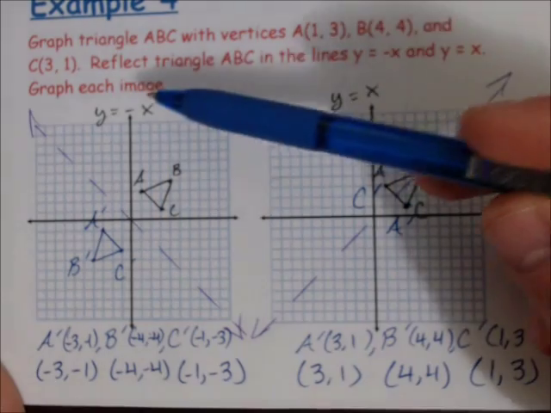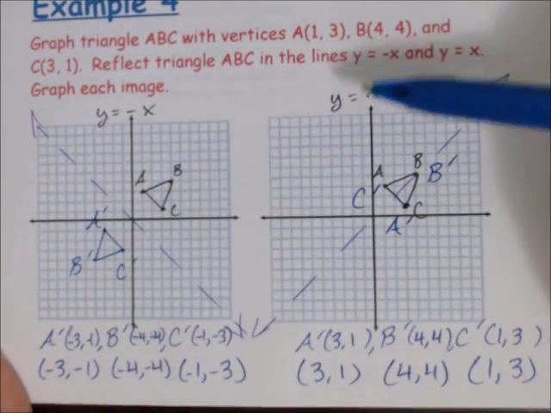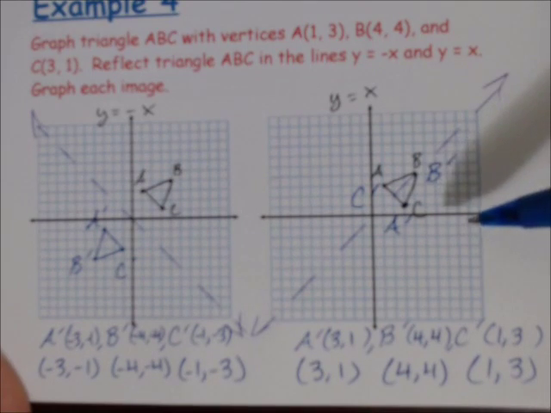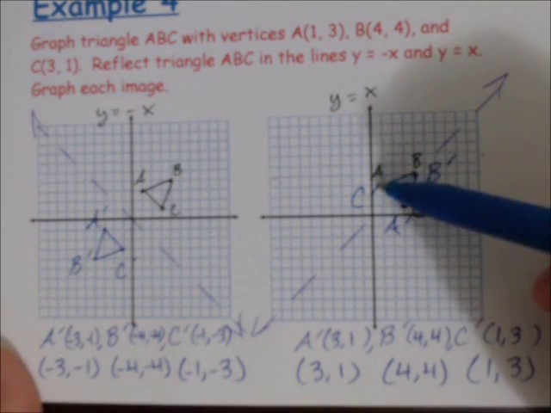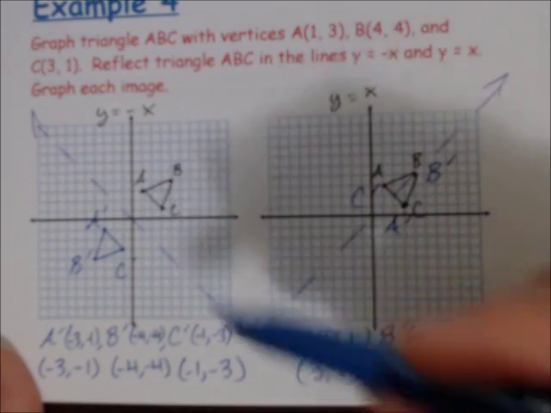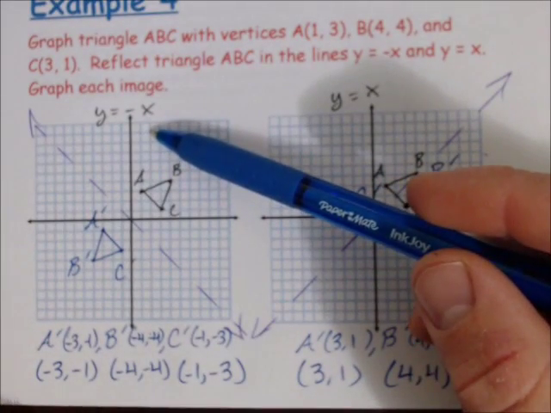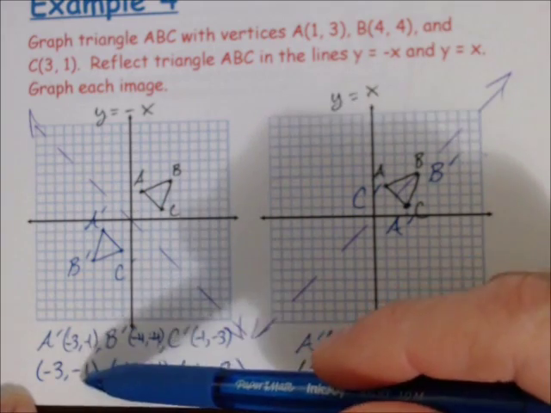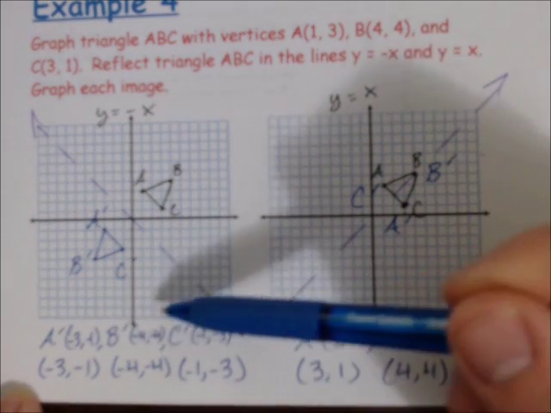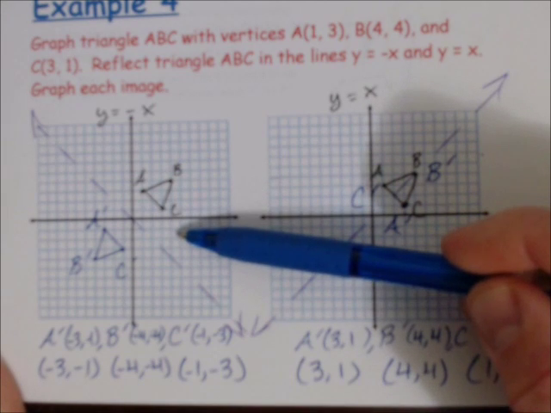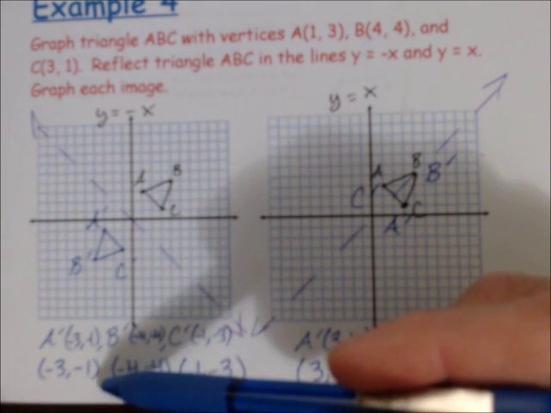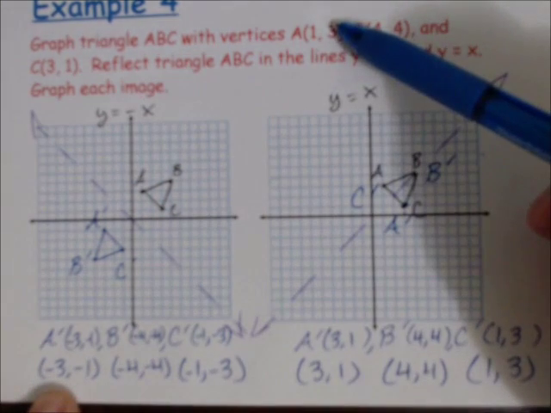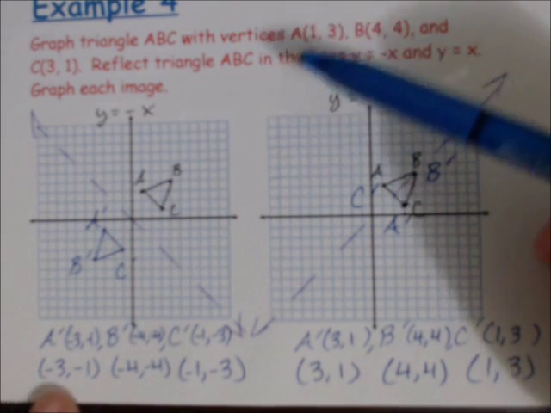Okay, I graphed the reflection about y equals negative x on the left graph and then y equals x on the right graph. In black here is the original figure, triangle ABC. Same thing on the right side, triangle ABC. Now using the rule for y equals negative x, we should have gotten the new coordinates. I wrote them a little bit bigger underneath because they were a little bit too small to see. So for A prime, with the rule being negative b, negative a, we exchange the x and y values and then switch their sign.